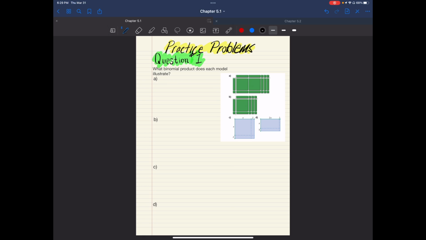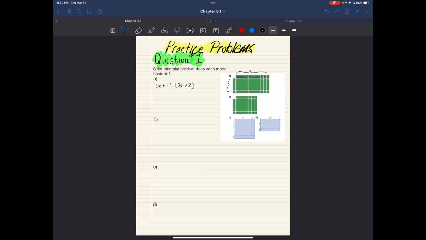So you see right here we have a snapshot from the textbook. We know these big long ones are x's, and these little squares are individual units. So for here we have x plus 1, and for here we have 2x plus 3.